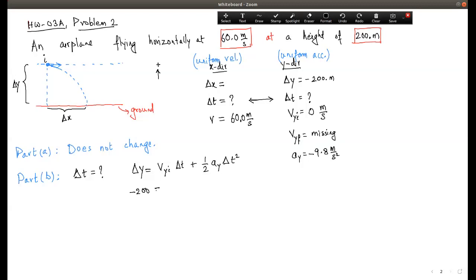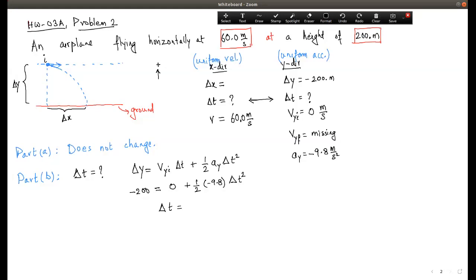Minus 200 equals 0, because Vy initial is 0, so the whole term goes away, plus half times acceleration, minus 9.8, times delta t squared. That gives delta t. The negative sign goes away, so it doesn't bother us.